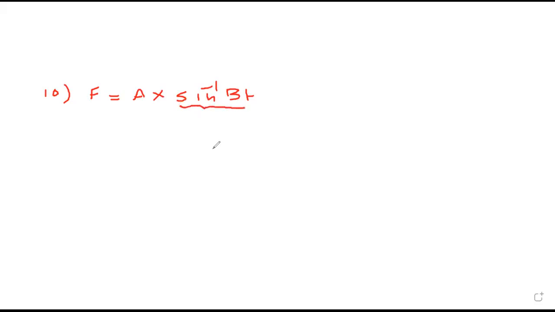See, whenever it is given inside sine or sine inverse, then this part is actually an angle. This is dimensionless. When I write sine 30 equal to half, we say 30 is sine inverse half.